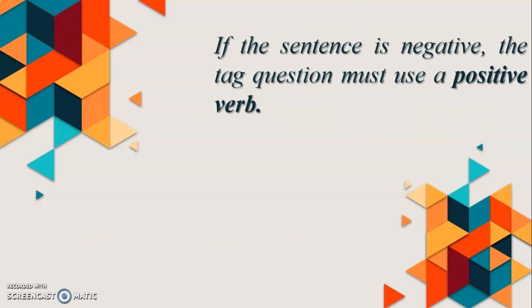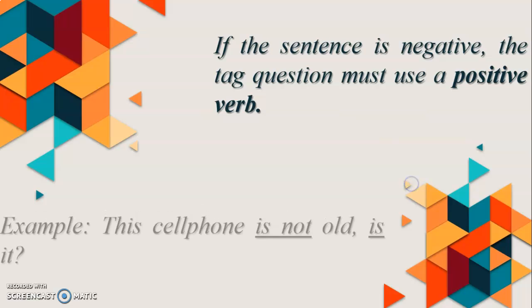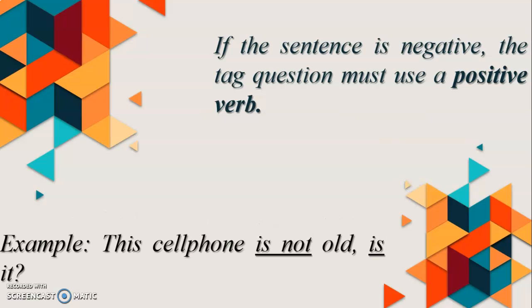Now, if the sentence is negative, the tag question must use a positive verb. So in this case, it is the opposite. Negative, from negative to positive. Now, for example, this cell phone is not old, is it?